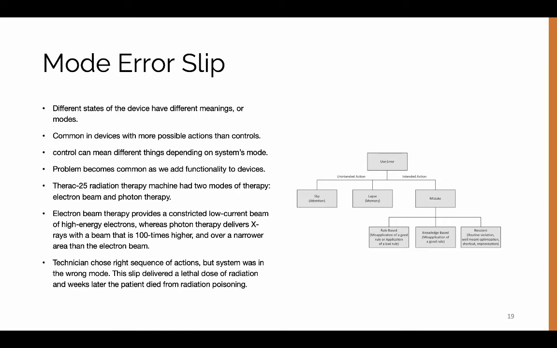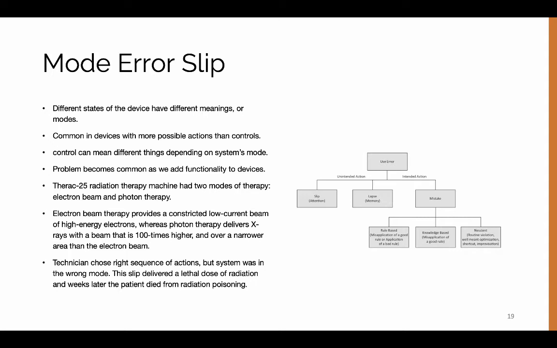One example that we talk about in your paper was the Therac-25 radiation therapy machine. That thing has two modes of therapy, the electron beam therapy and the photon therapy. The electron beam provides a constricted low current beam of high energy electrons, whereas the photon therapy delivers X-rays with a beam, unfortunately, that's 100 times higher and over a narrower area than the electron beam.